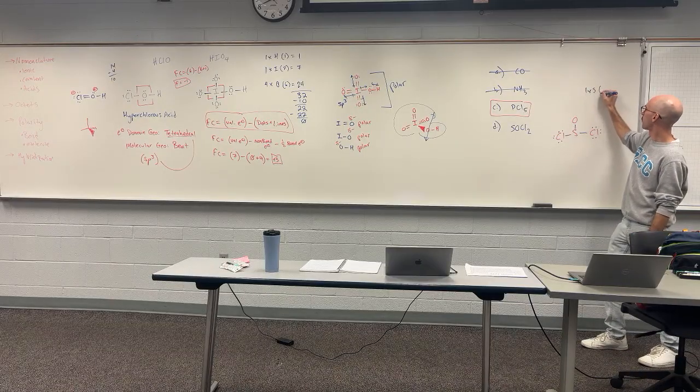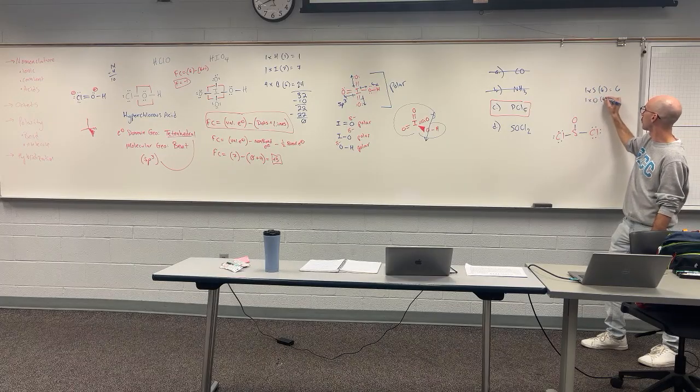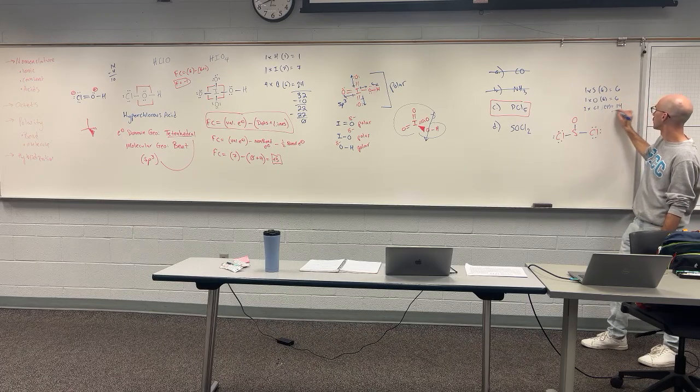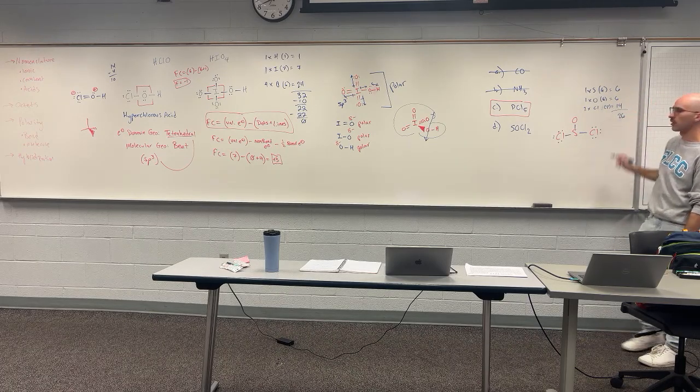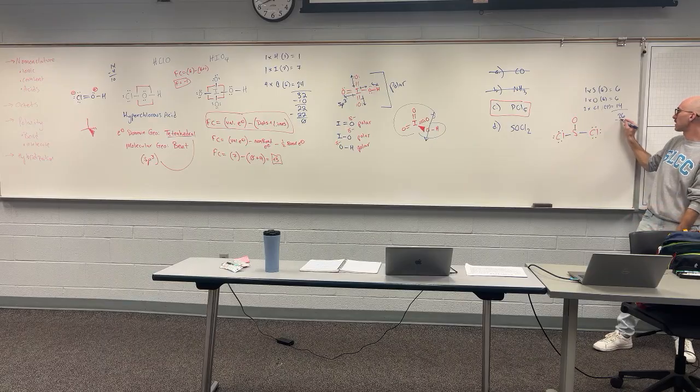One sulfur brings 6 electrons, one oxygen also brings 6 electrons, and 2 chlorines bring 7 electrons each, 26 electrons. I've actually used 8 right here, 16 right here. That's a nice number to subtract.